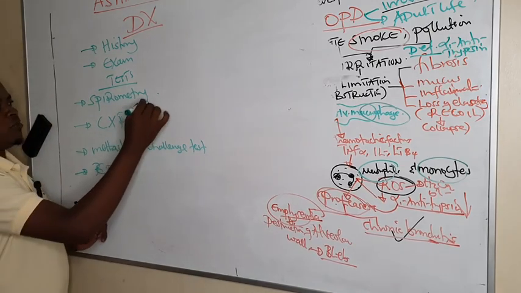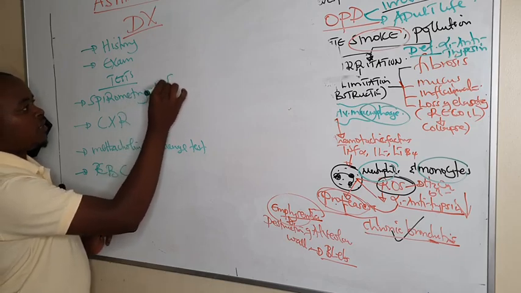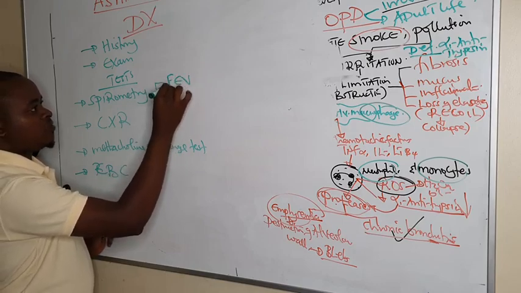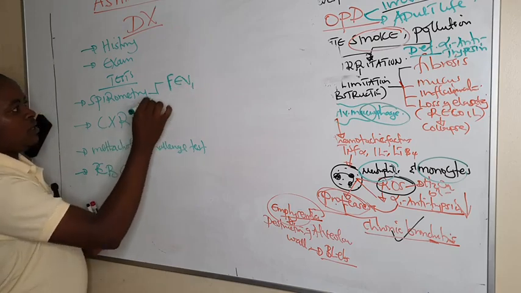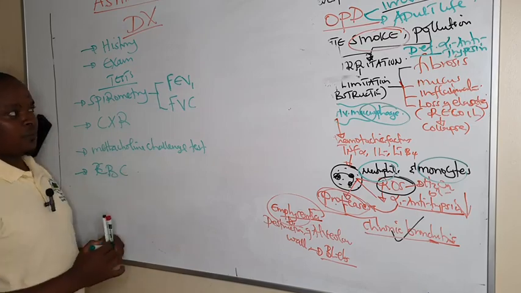And under spirometry, we are interested in two factors: forced expiratory volume in 1 second, and forced vital capacity.